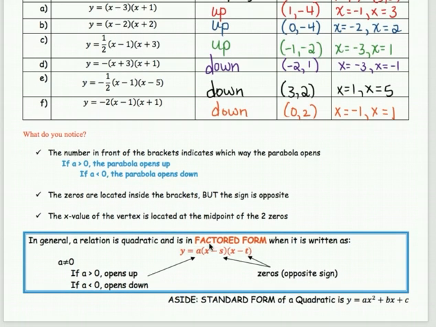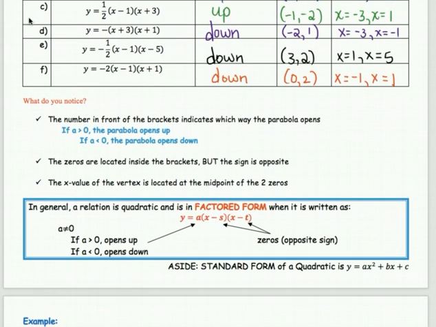We don't want a to ever be 0, because then it'll just be y equals 0, which will be a straight line. So if a is greater than 0, it opens up. If a is less than 0, it opens down. And then for other features of this equation, you will find that the zeros are located right here, but use the opposite sign.